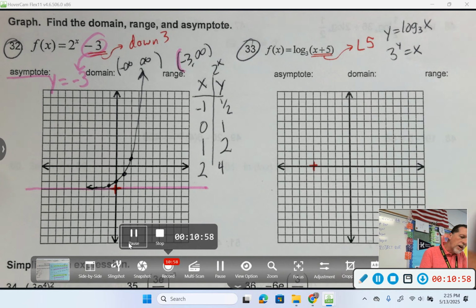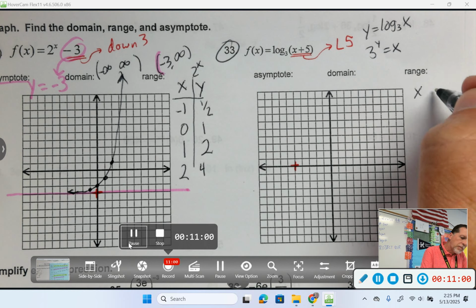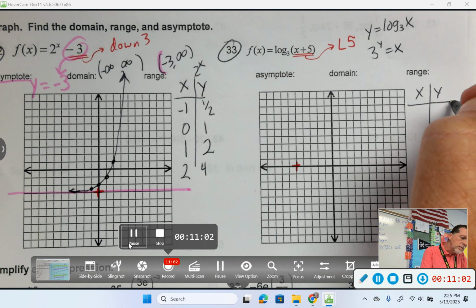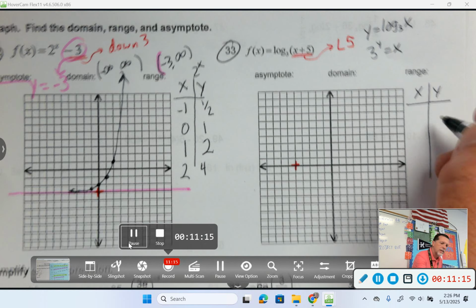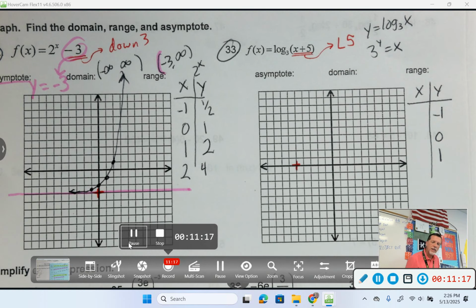So 3 to the y equals x. Which variable would we be picking here? The y's. So I'm going to stop there, but that's enough to get you going for that one. Plus, it's posted elsewhere.